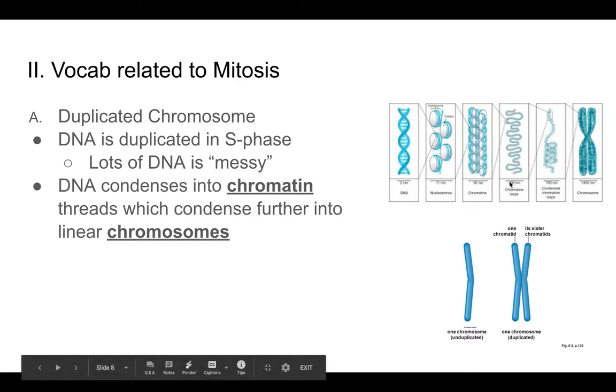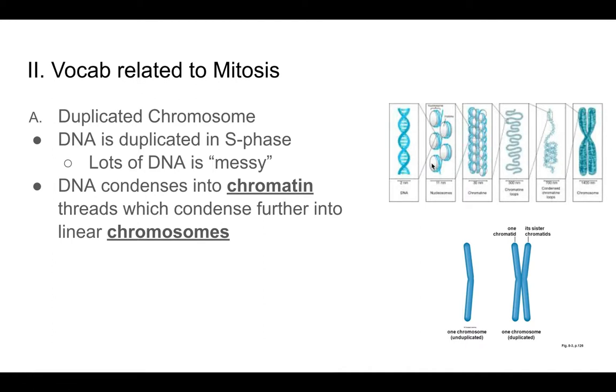If we take a look at this diagram right here, this is DNA. DNA will wind itself around these little tiny proteins called histones, and they're sticky proteins. And so DNA first will start to coil itself up around these histone proteins, and the proteins then start to stick together. And so we see the first visible structure of DNA under a microscope referred to as chromatin.